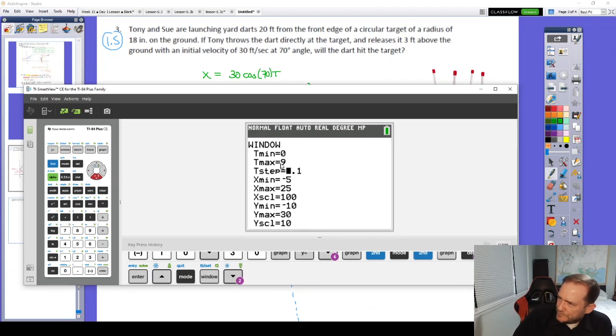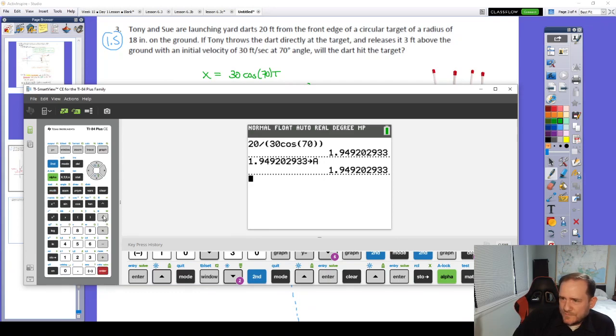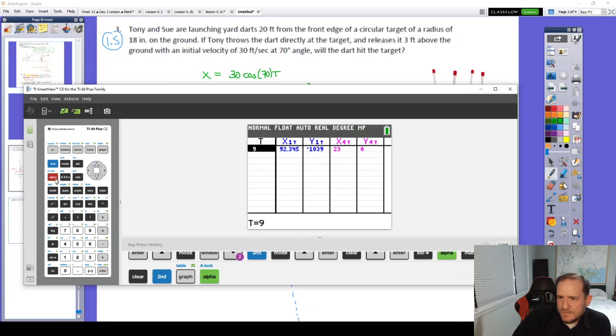So of course t is worth 9 right now. That's the last thing we plotted. So I better go back to the home page, and I'd better grab that number again. Oh boy. And let me store it as something else this time. A. A is a nice safe place to store it. Now let's go back and enter in A.